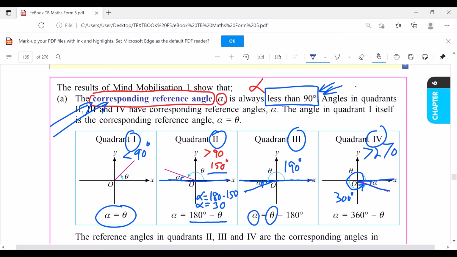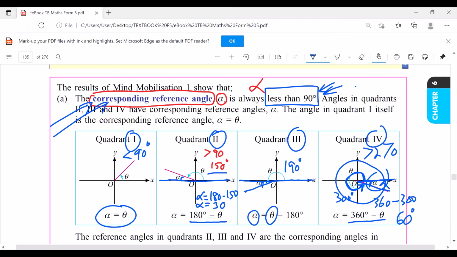Remember the x-axis, and this is your corresponding reference angle, your alpha. So to find your alpha, of course 360 you minus with 300, so it will be 60. The corresponding angle will be 60 degrees.